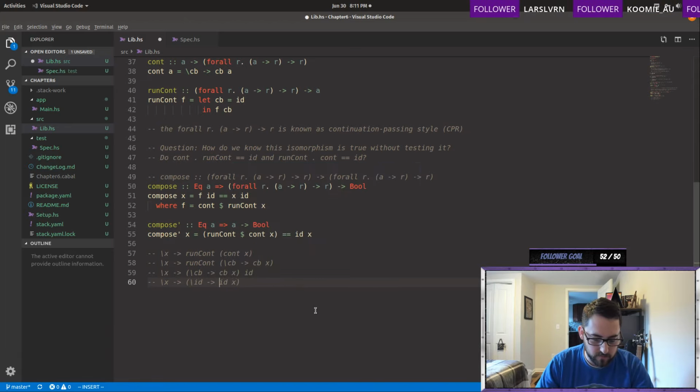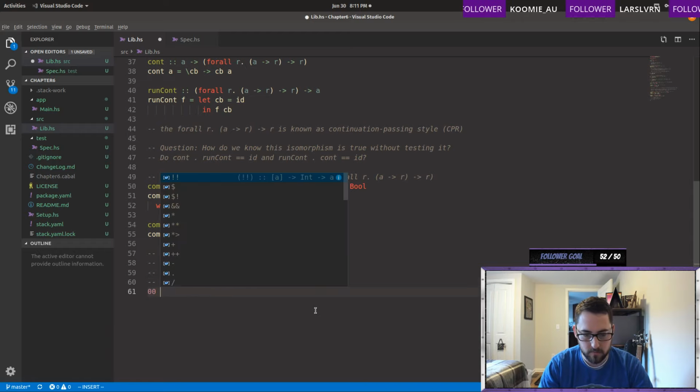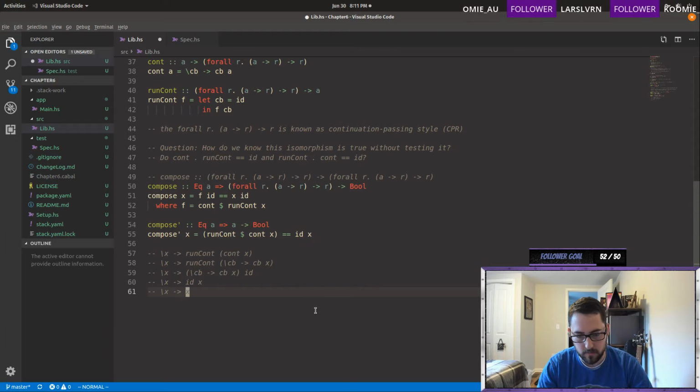Well, I don't know how to write this correctly, but it's like id X. Is that right? So this is enough? I guess it's enough.